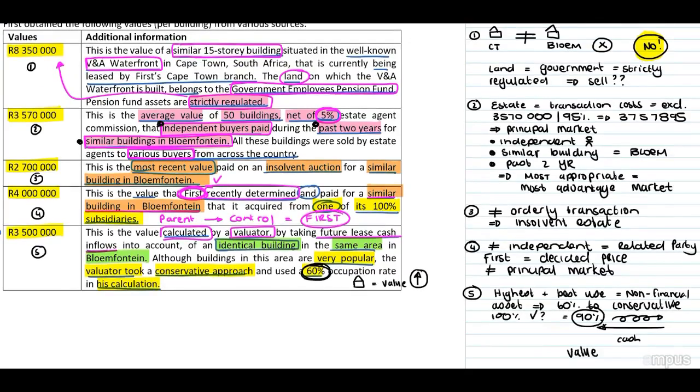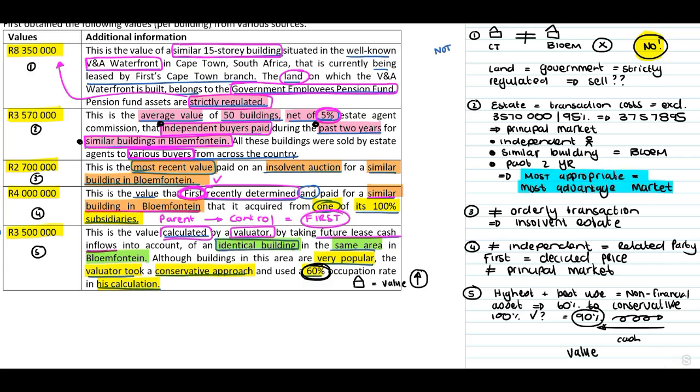Therefore, when you look at this, we have identified that number one, the 3,570,000 is not appropriate.